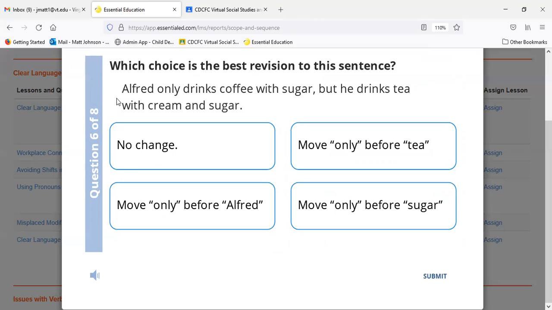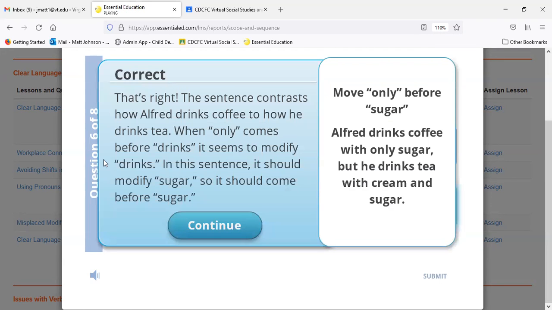So what we need to do is move only before sugar. So Alfred drinks coffee with only sugar. That's the only thing that he puts in his coffee, rather than that's the only thing that he drinks. Right, so we'll read, Alfred drinks coffee with only sugar, but he drinks tea with cream and sugar.